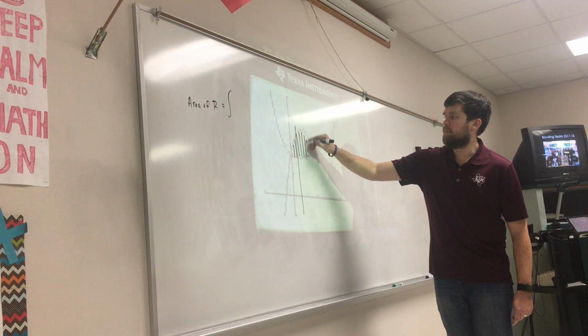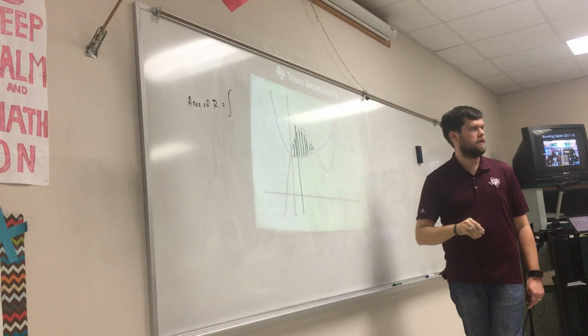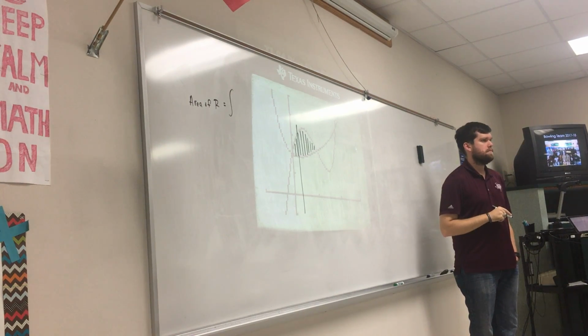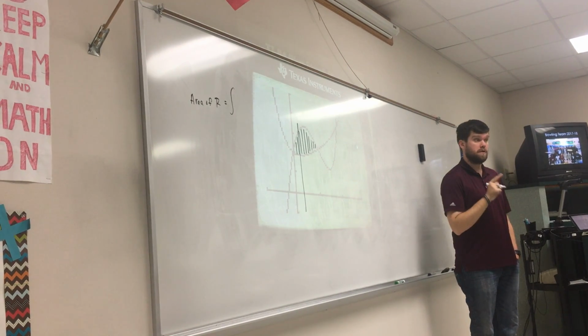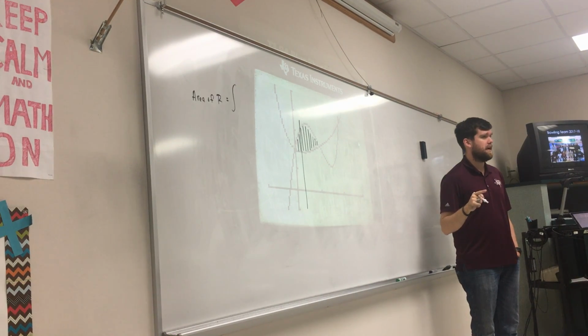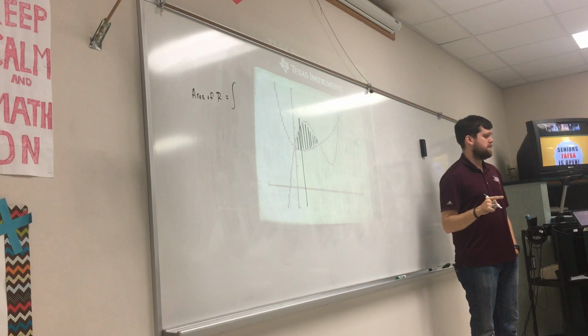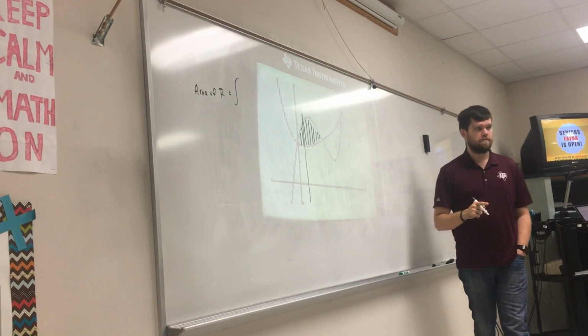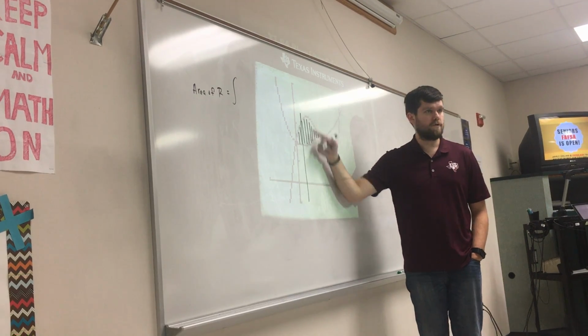If I do top minus bottom, which variable am I going to work in? In variable x, which is really good, because if I work in y, I have to solve my equation for x. Look at your equations and tell me if that sounds like fun. Not very much fun. So it's a good idea here to do top minus bottom.